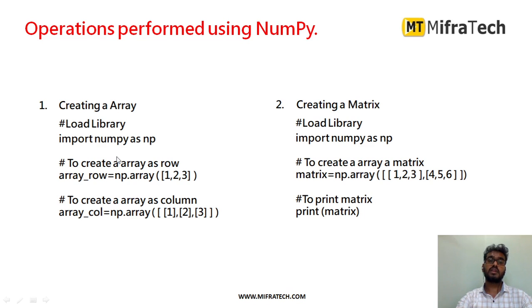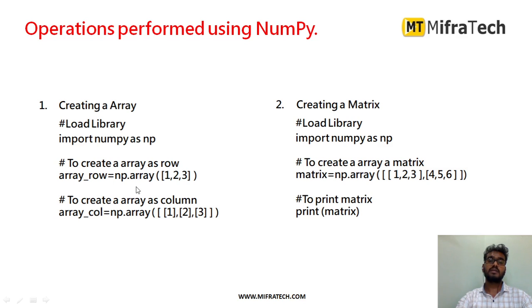After loading the library, we have to create an array. Here we are creating an array as a row, in a single row. To create an array, the command we use in the Numpy library is np.array with something in the brackets. We have to provide some parameters in the brackets to create an array, so data.